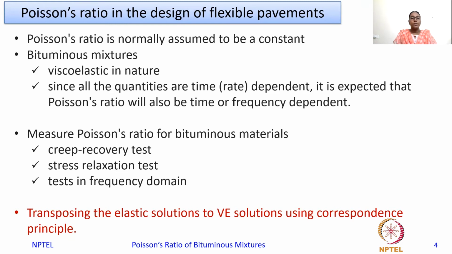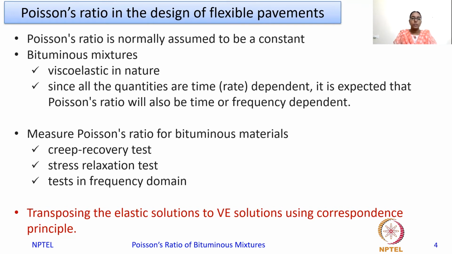So in this lecture, we will see how to measure this Poisson's ratio for bituminous materials under creep and recovery test, then stress relaxation test, and also a test in the frequency domain. It is not straightforward to compute this Poisson's ratio from these tests.